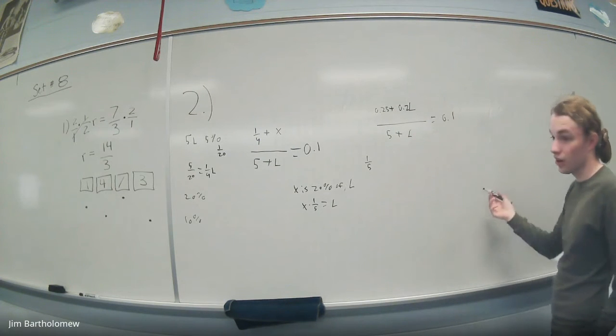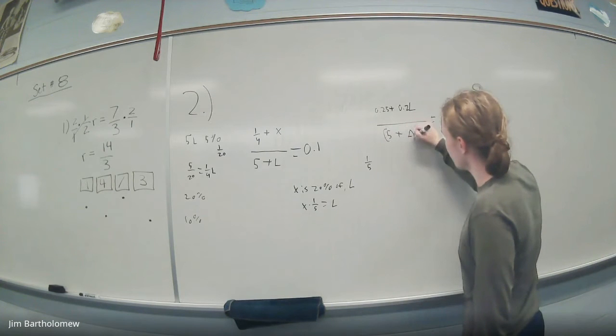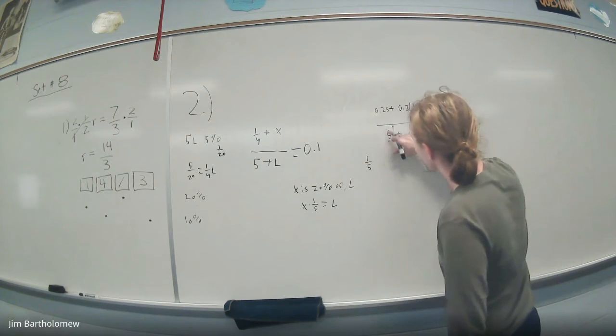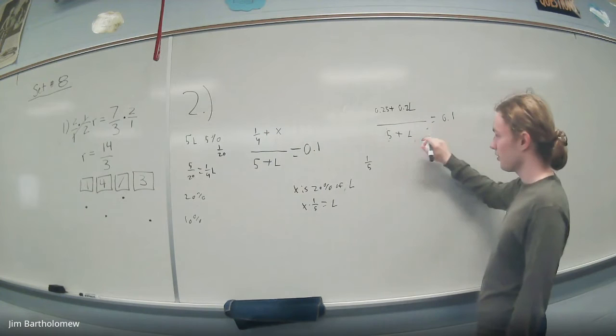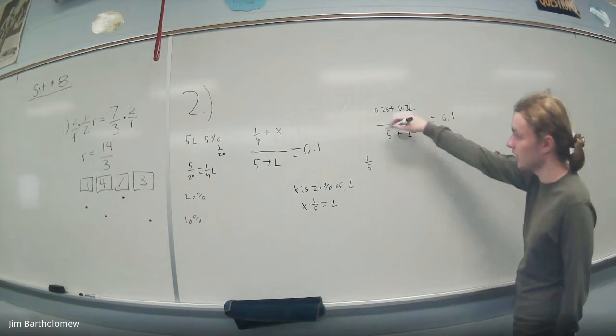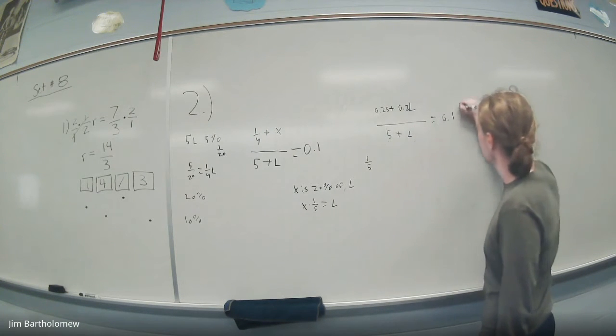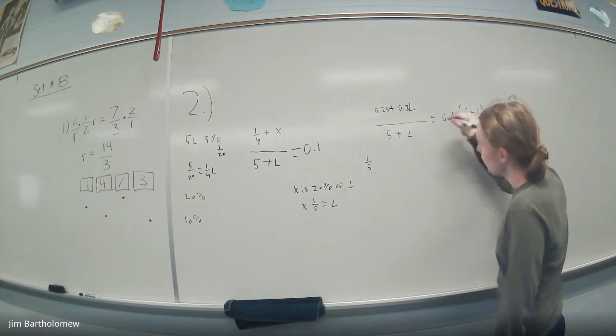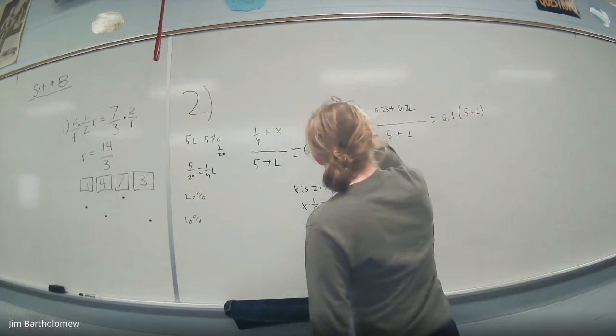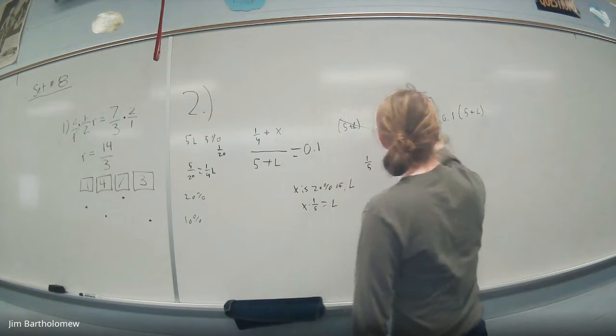Now we're trying to isolate our L's, and to do that, we multiply 5 plus L on both sides so we can cancel out this side. So we get 5 plus L and 5 plus L, and these cancel.